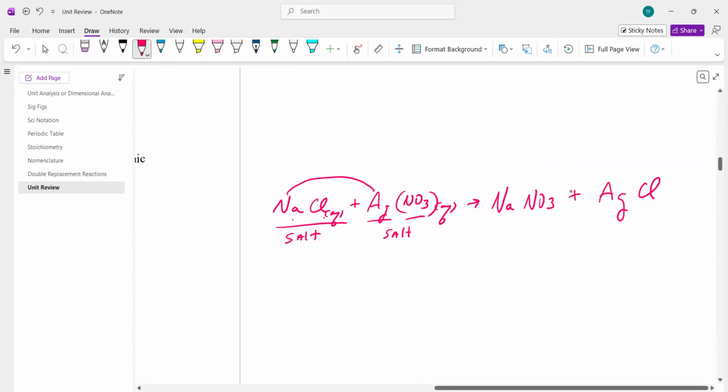So we look up sodium nitrate. It ends up what color? White. That means it doesn't do anything. That's aq. And what about silver chloride? It's black. That means that's a solid. Okay?